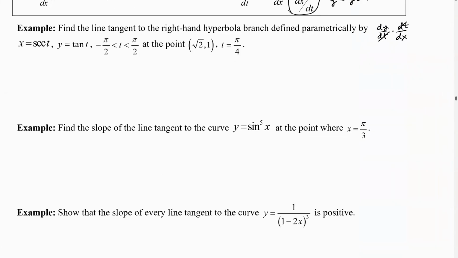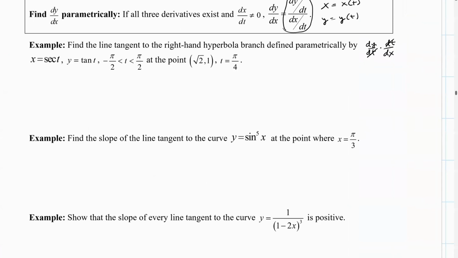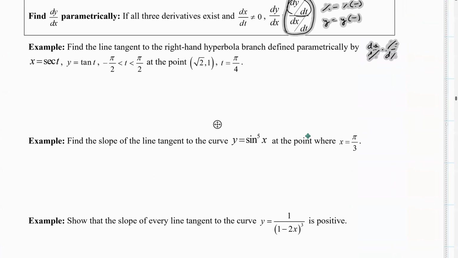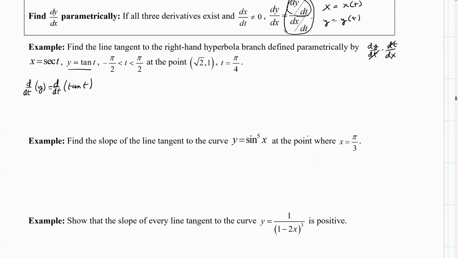All right, so here we go. Find the line tangent to the right-hand hyperbola branch as defined parametrically by these two curves. Okay, great. Let's take a look at the elements of what we need. We need dy/dt. Well, here's y. So let me take the derivative with respect to t of both sides of that equation. And I get dy/dt is equal to secant squared t.